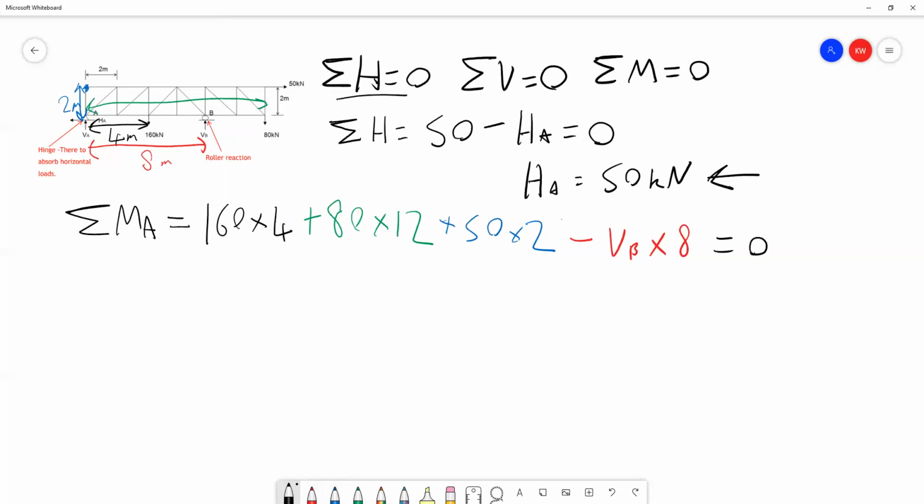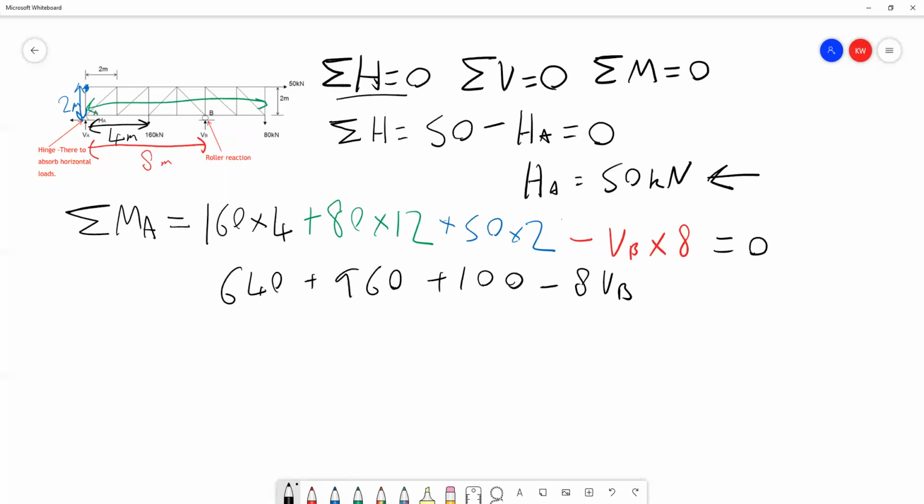So if we add up all these values, we're going to get 160 times 4, which is 640. We've got 80 times 12, which is 960. And we've got 50 times 2, which is 100. And that leaves us with minus 8 times VB. We want to rearrange this because we want to find VB.